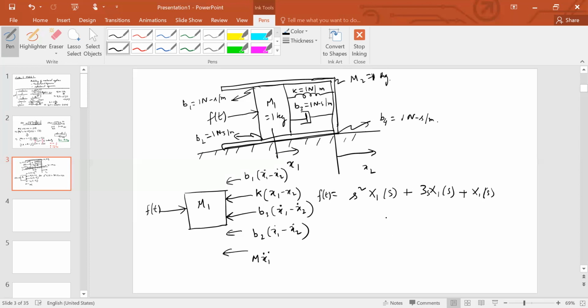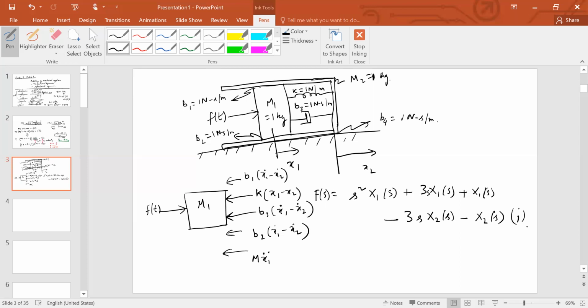Rest of it all will come as minus. So what is the minus? What is the equation here? So you see all of these involved x2 term so far as the damping is concerned. So this is going to be 3s x2 s, right? And also there will be another resultant for the spring. Yeah. So this is going to be, okay, this looks like a hybrid sort of a notation. So let me just write it straight away. So this is going to be f of s. Okay, this is the first equation.